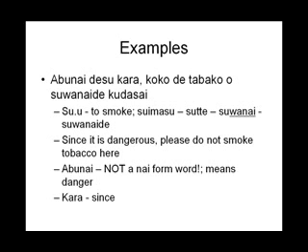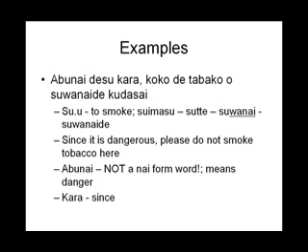Abunai used here is not a nai form word. It means danger. Kara means since. When you find a place where inflammable items such as gas, petrol, diesel, kerosene, or even items such as paper, cotton, etc. are stored, you can see notices indicating smoking is prohibited on account of the fire hazard.